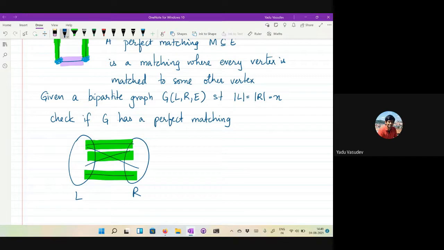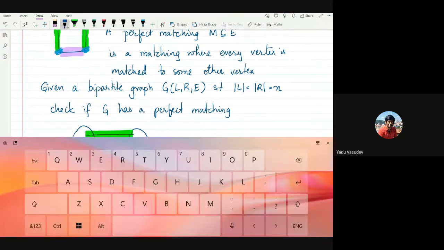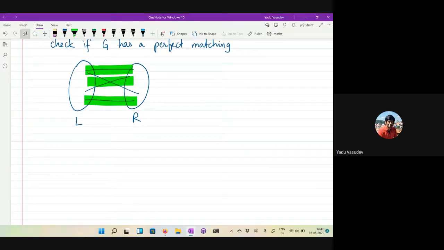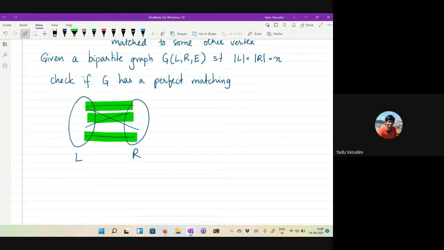So to do that, given this graph G, let's define a matrix. Let's define this matrix P as follows. The entries of P are going to be either some variables or 0.